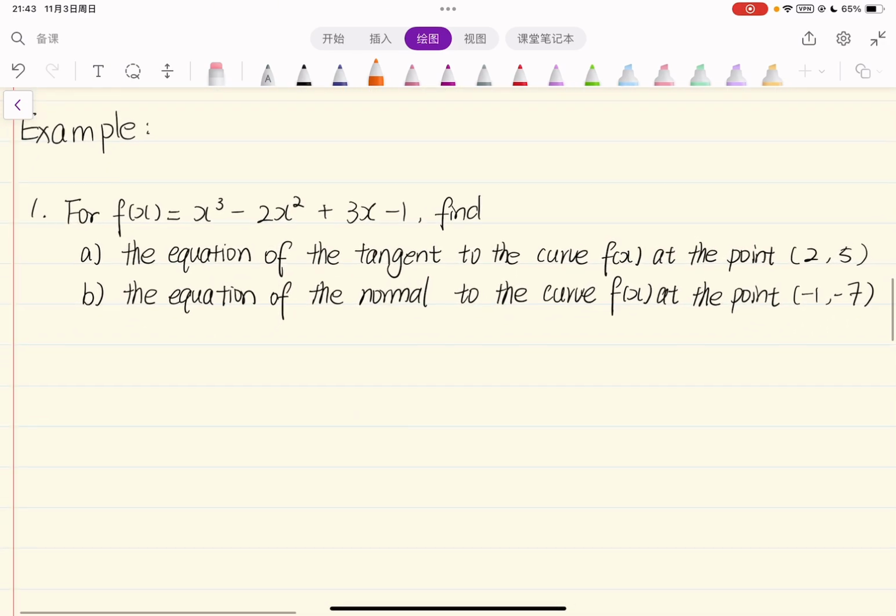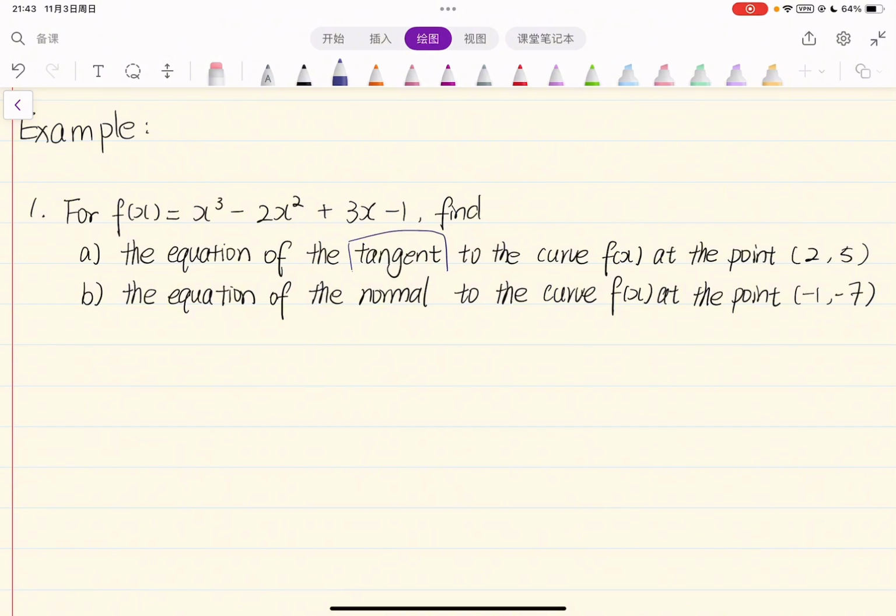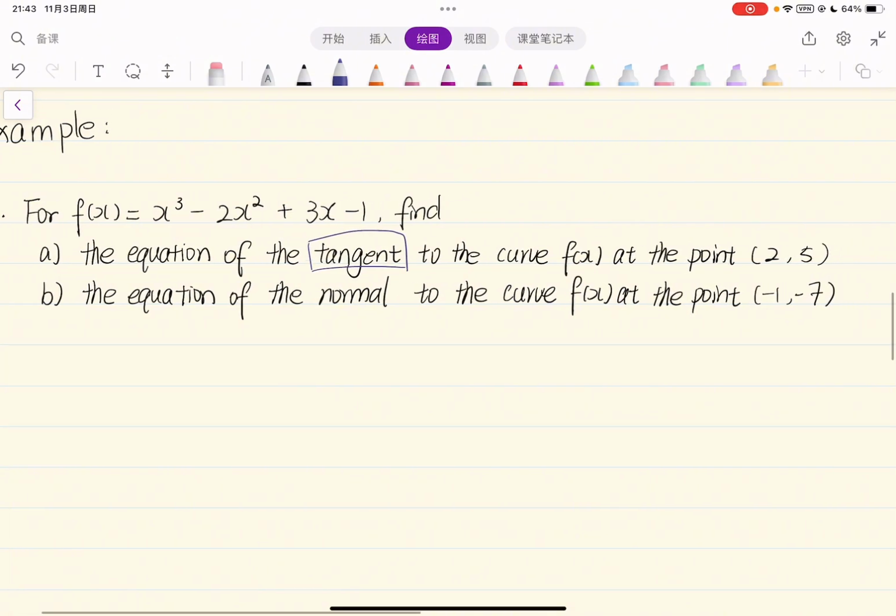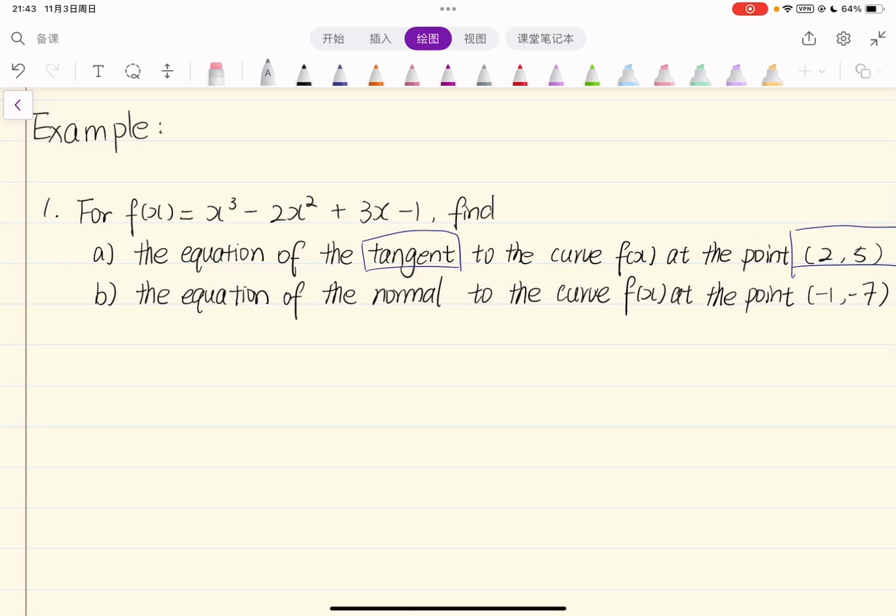So for question 1, it says that for f(x) equals x cubed minus 2x squared plus 3x minus 1, find the equation of the tangent to the curve f(x) at the point (2, 5). So let's see.